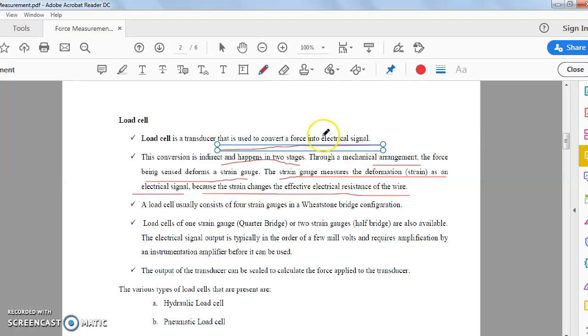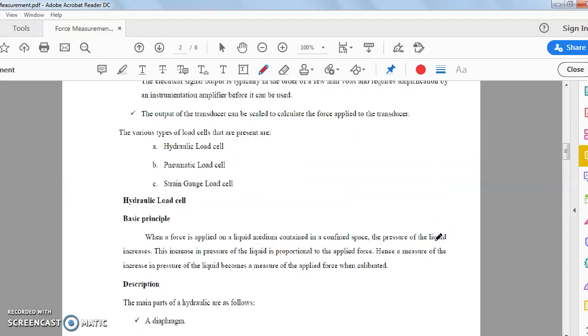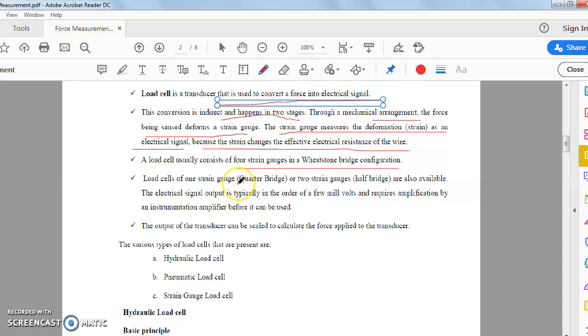A load cell usually consists of 4 strain gauges in a Wheatstone bridge configuration like this. In the next class I will cover it. So it basically consists of 4 strain gauges arranged in a Wheatstone bridge pattern. Load cells with 1 strain gauge, the quarter bridge, or 2 strain gauges, the half bridge, are also available.